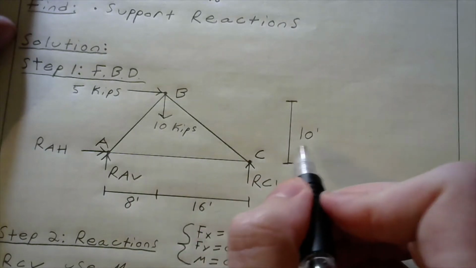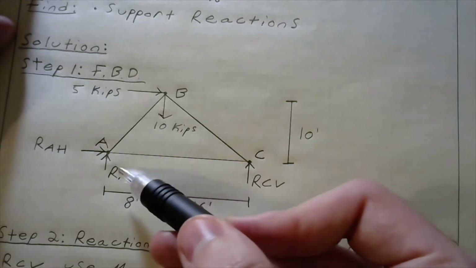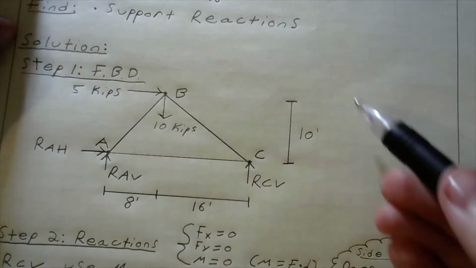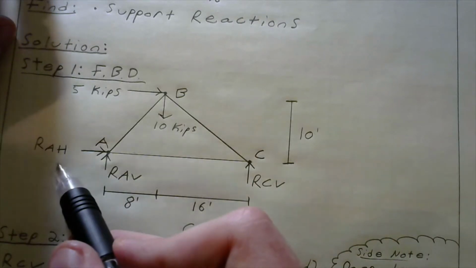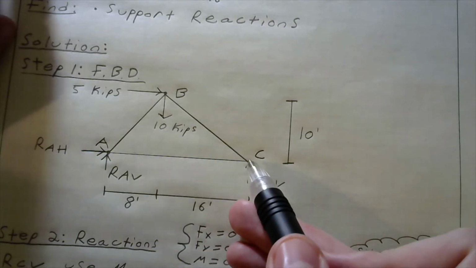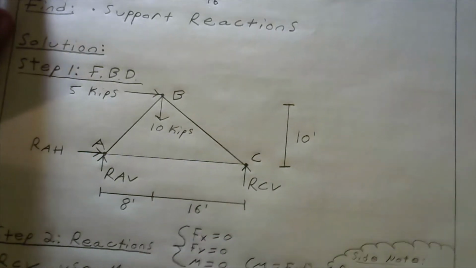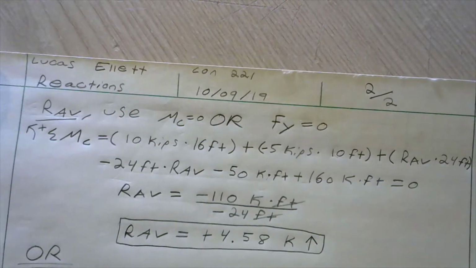And its perpendicular distance is 10. And you're going to have RAV, which rotates this way, so it's going to be negative also. And you're going to have RAH, but since it passes through C, it's 0, because its perpendicular distance is 0. So that's what it looks like.